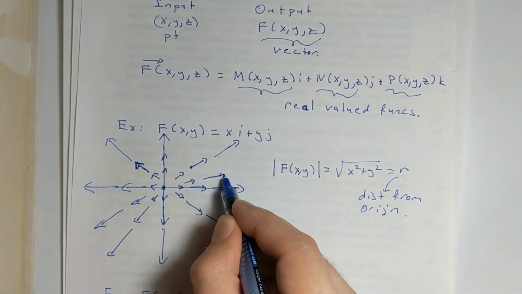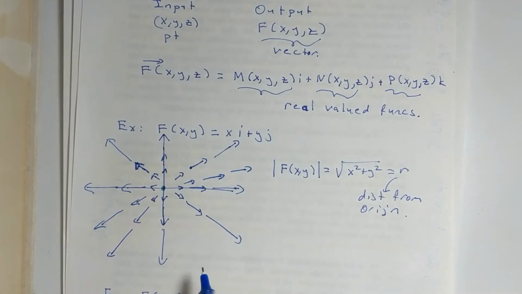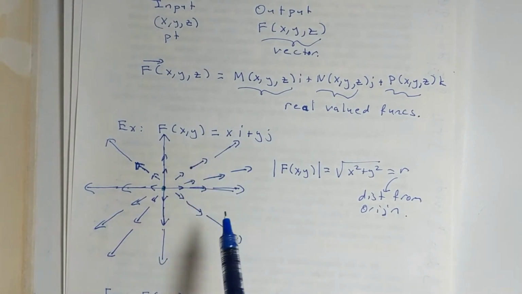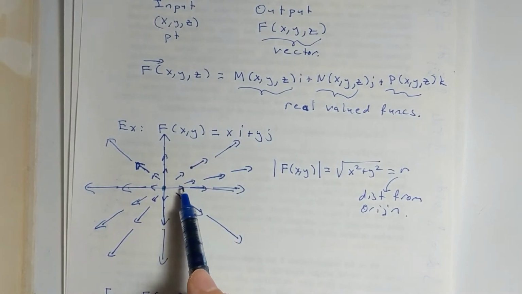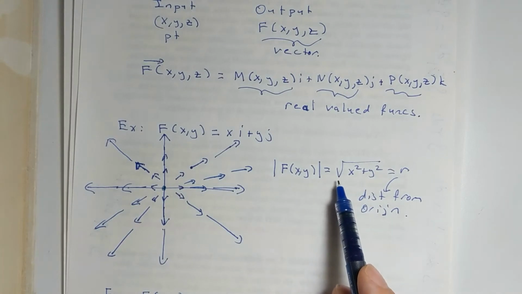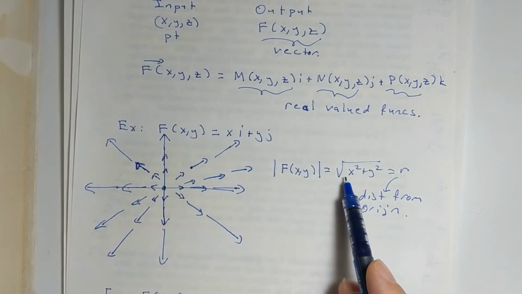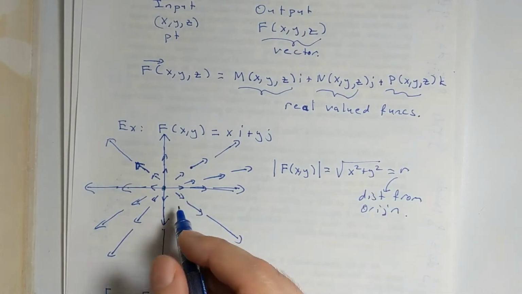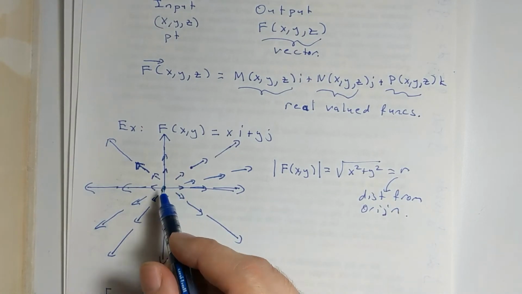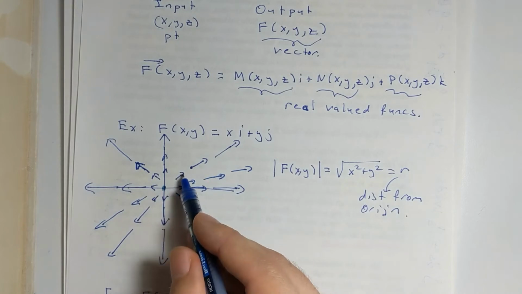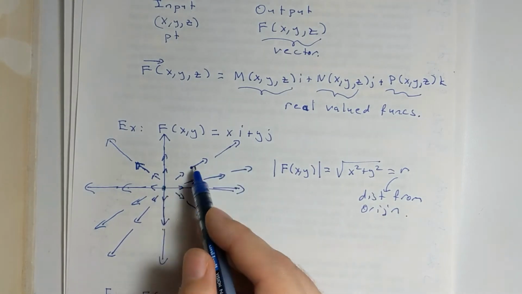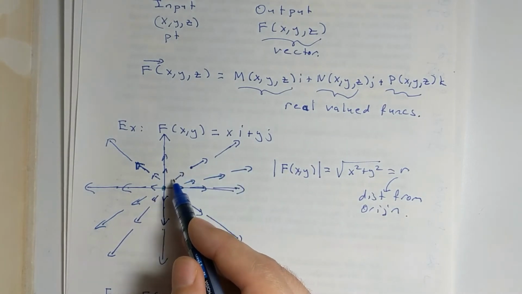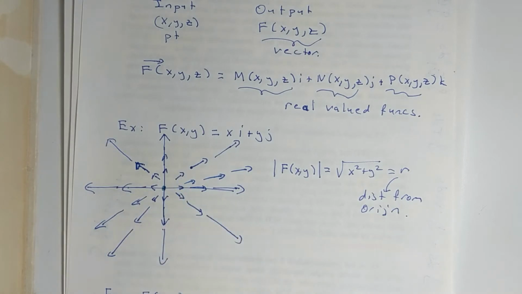If we think about this one now, at any given point x, y, what's going to be the length of the vector? It's going to be the square root of x squared plus y squared, which equals r. At any given point, the length of the vector is just the distance from the origin.